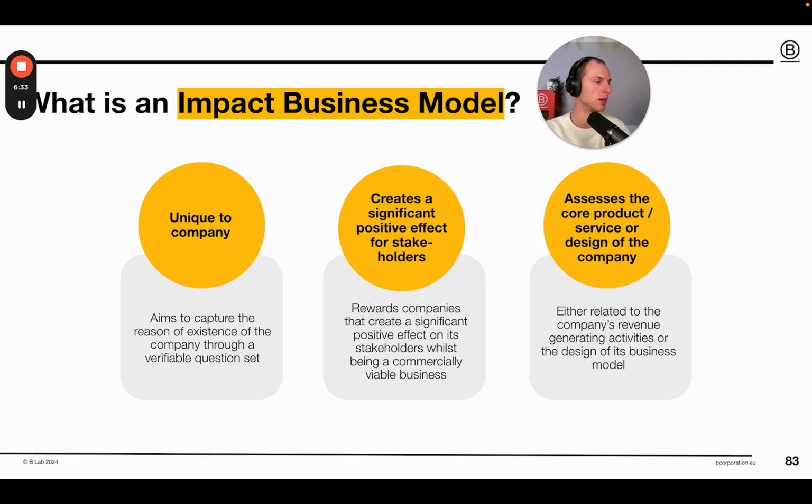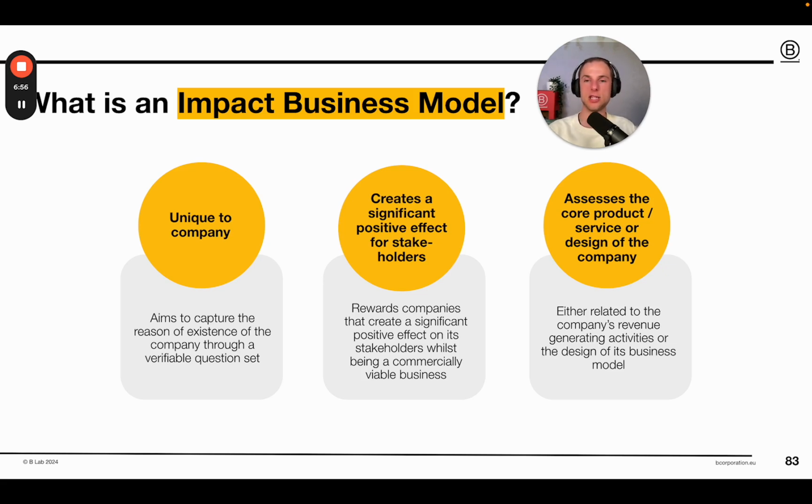So you should be able to identify, oh, this really cool thing that we do, or that our reason of existence is really close to benefiting the ecological world, or positively impacting the health of our customers, for example. So it has to be easily identifiable which stakeholder is positively affected.